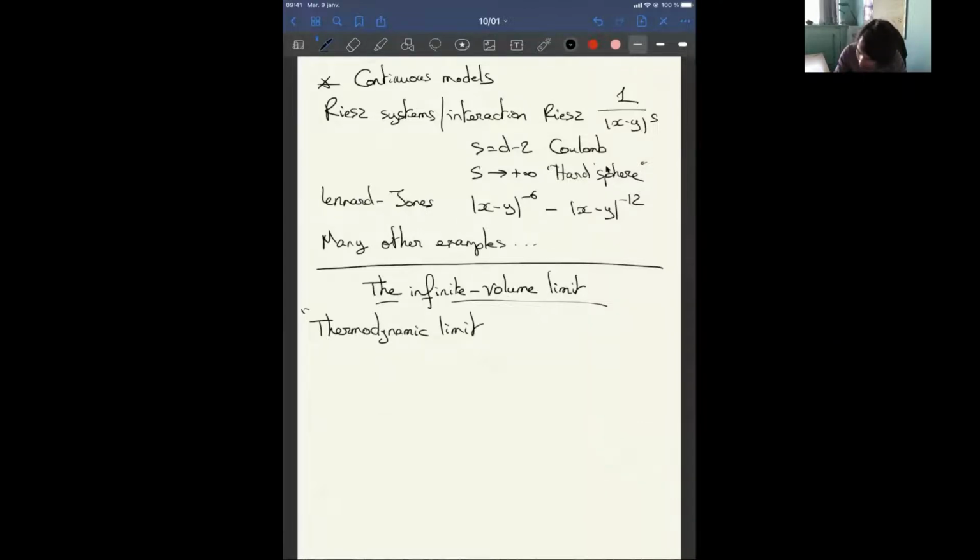And the thermodynamic limit, in the physical sense, just means sending n to plus infinity, where n is the number of particles, or the number of spins, or the number of whatever.